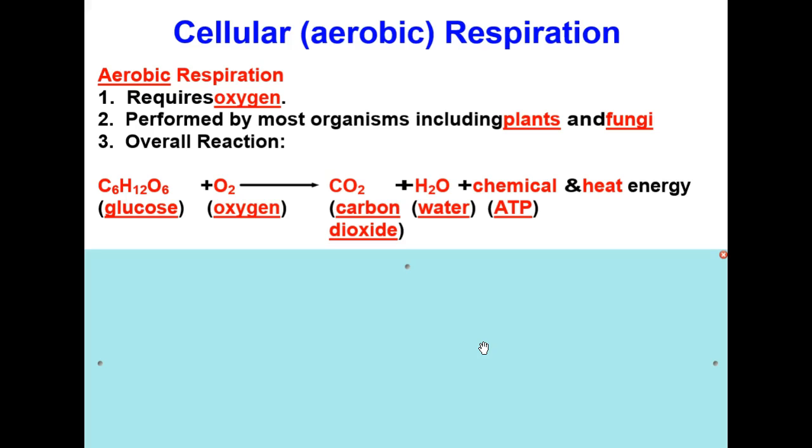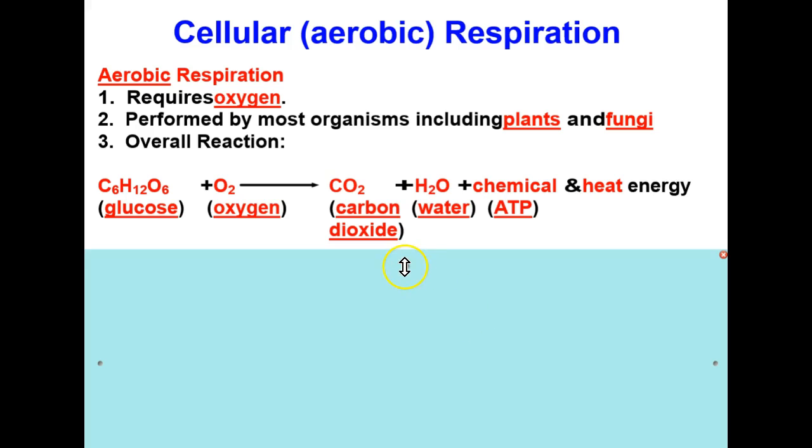Water is also a waste product of aerobic respiration. Again, we'll talk about how many water molecules are given off, plus chemical energy in the form of ATP and heat energy. So altogether, C6H12O6, glucose, plus O2, oxygen, yields CO2, carbon dioxide, plus H2O, water, plus chemical energy, ATP, and heat energy.